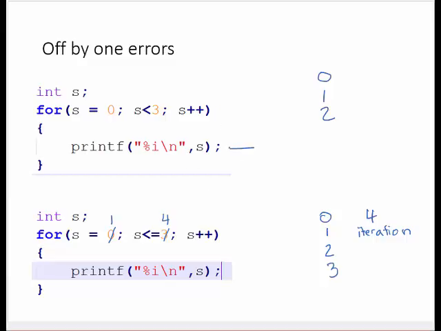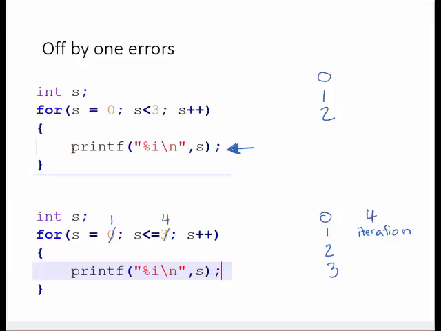And the other thing, here I've used my loop control variable s. I've printed it out, but it's not required that in these curly brackets I use s. I could go through some calculation 4 times and never use s in the calculation. So you don't have to use s in the body of the for loop.